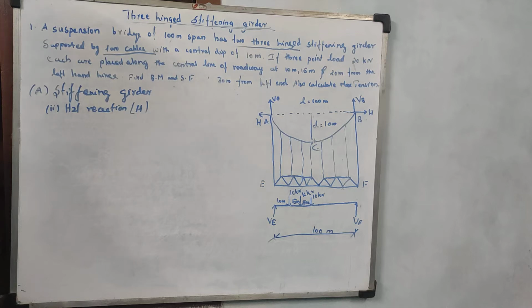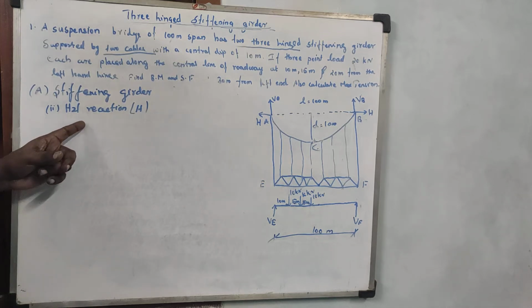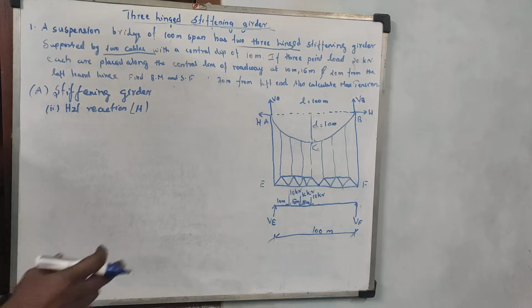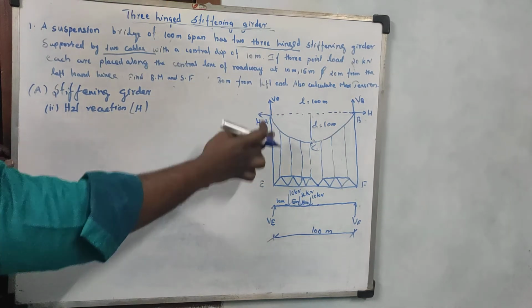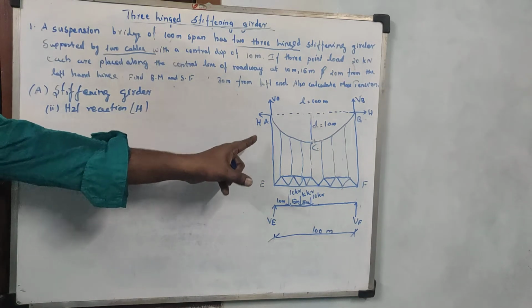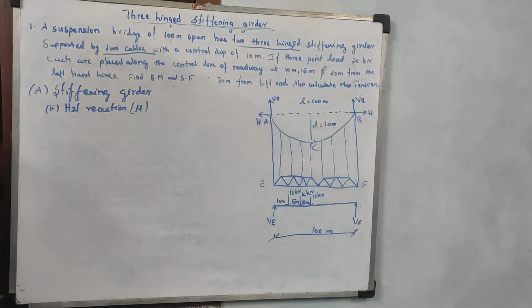Next is horizontal reaction. So next we have to find the horizontal reaction. Before solving, we have to consider that the horizontal reaction at one cable support is equal to the horizontal reaction at the other. We have to note it.